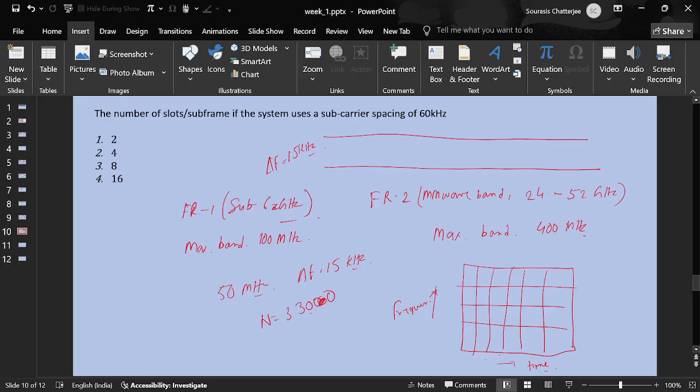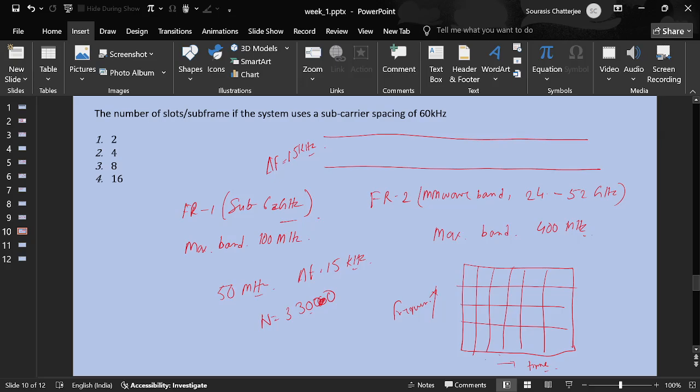So it's a good time to ask how many users you can schedule, maximum number of users in one slot. Can you tell me the number? If a slot has 14 symbols and 275 PRBs, how many users can you schedule here maximum? 275. 275 is the number of PRBs, that's okay, but you also have 14 symbols, right?